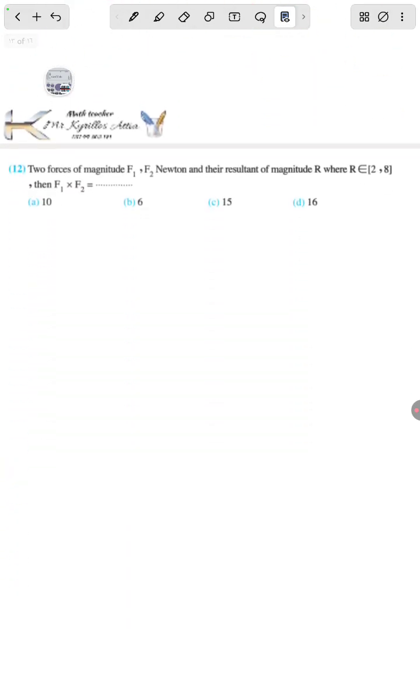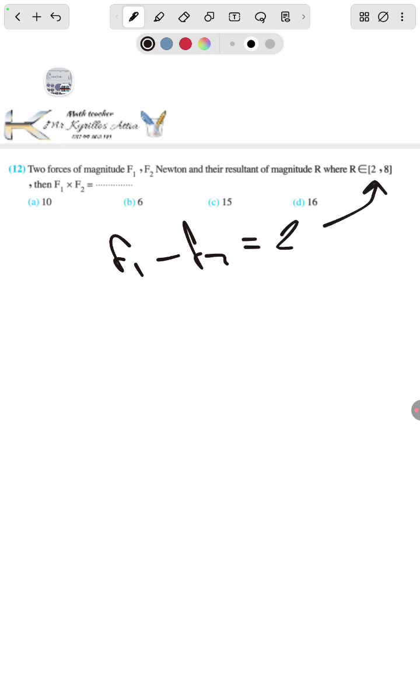Two forces of magnitude F1 and F2 Newton, and their resultant of magnitude R, where R belongs to the interval from 2 to 8. I mean that F1 minus F2 equals 2, because the minimum value equals 2, and F1 plus F2 equals 8, because the maximum equals 8.